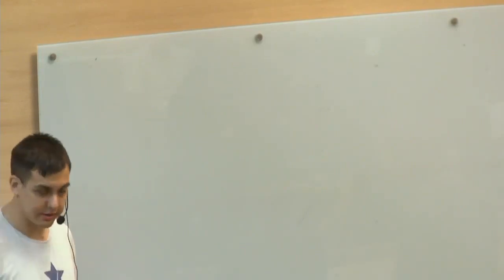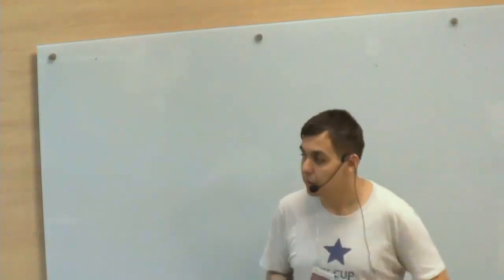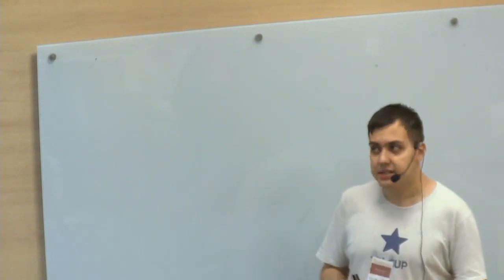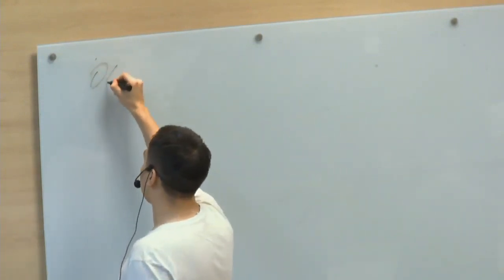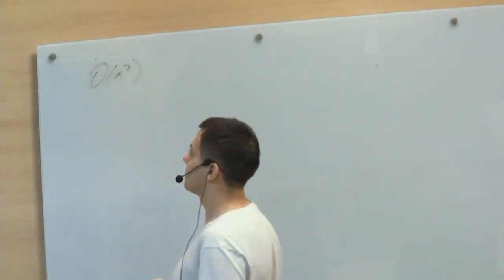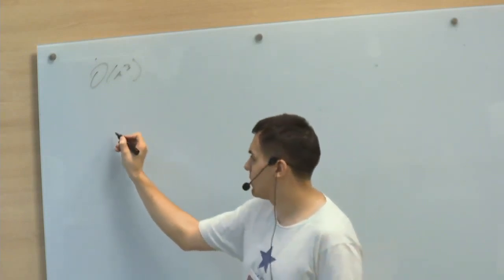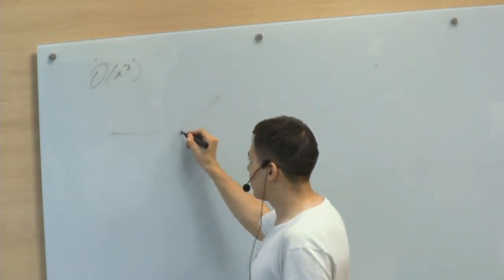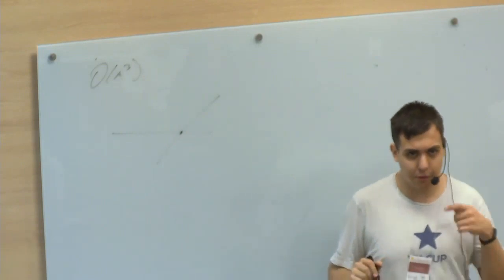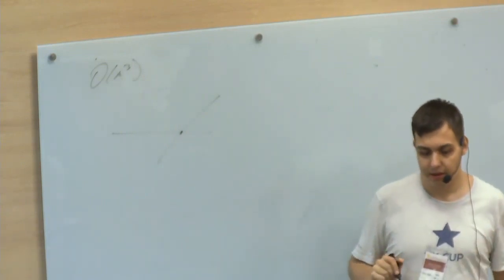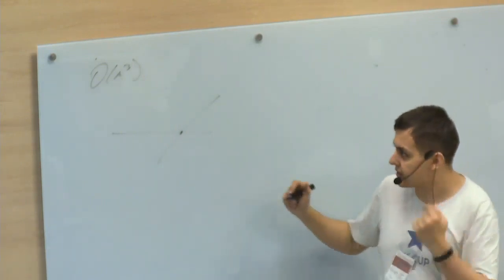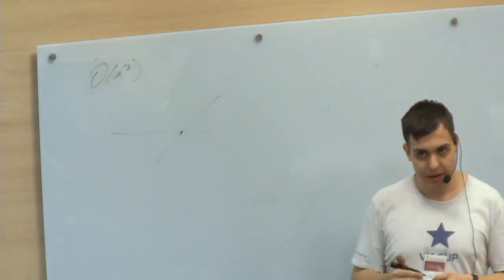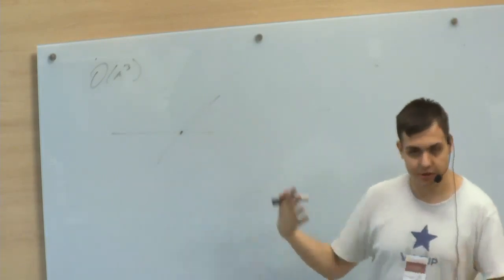So, what are these algorithms? Well, the easiest algorithm is big O of n cubed. Right? So you have n lines. You find all possible intersections of all pairs of lines. Then you want to create a convex polygon from these points of intersections.